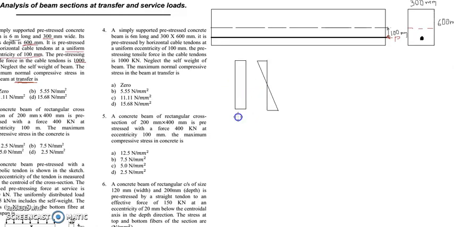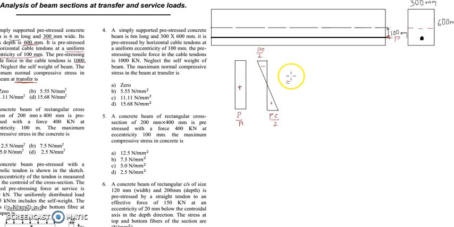This is the uniform stress distribution because of the direct stress P by A. This is positive in terms of compression, and here, because of the eccentricity, this is going to be P e by Z. This is also the top. This is going to be P e by Z, and again this is going to be negative and this is going to be positive, that we know.